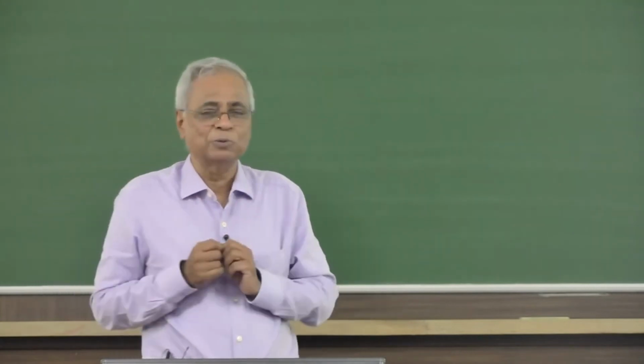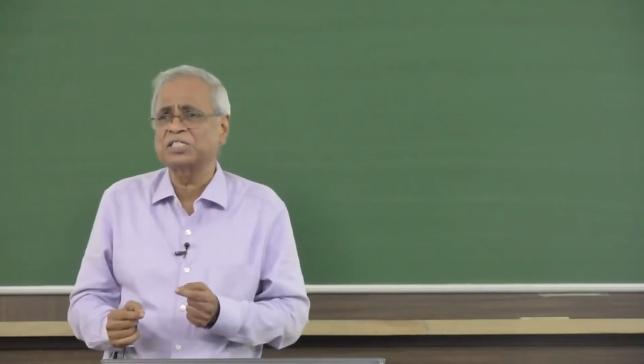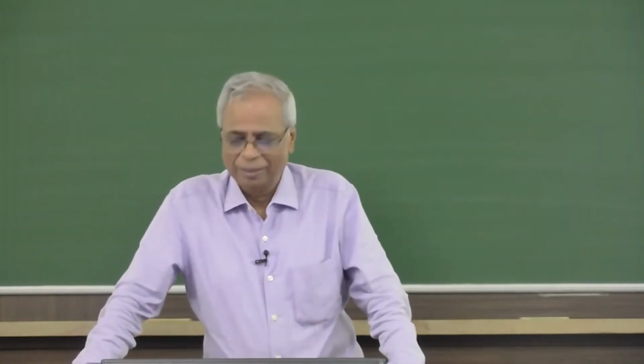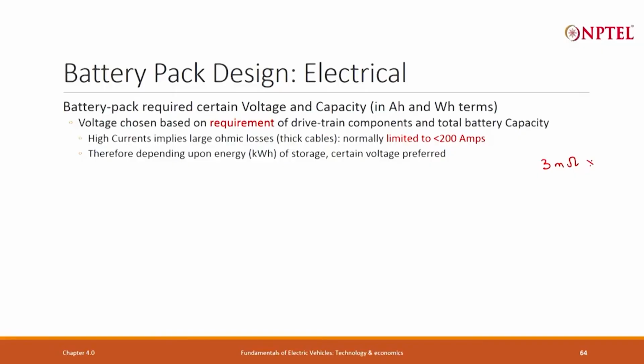What kind of plating are you using? The smallest resistance, milliohm resistance, multiplied by 200 amperes is how much? If I take, let us say, a 3 milliohm resistance and multiply by 200 ampere, what do I have?